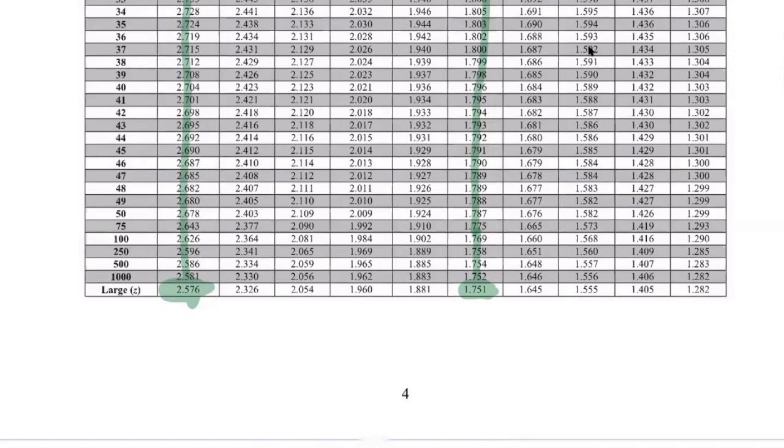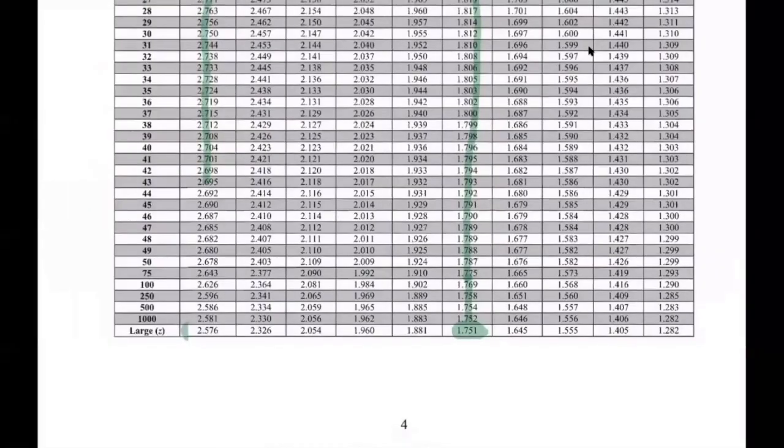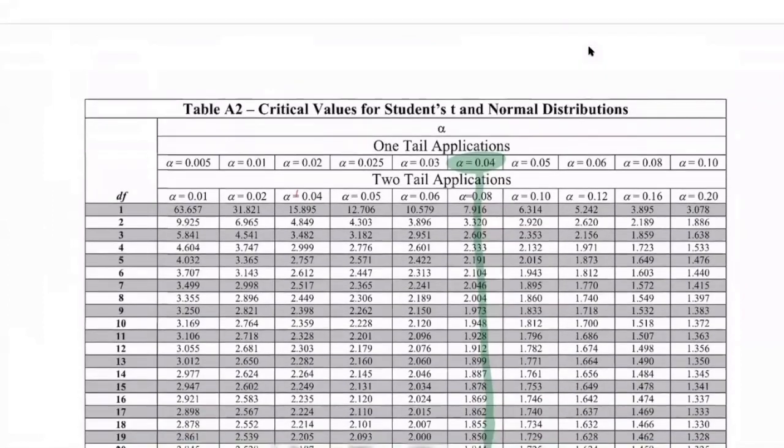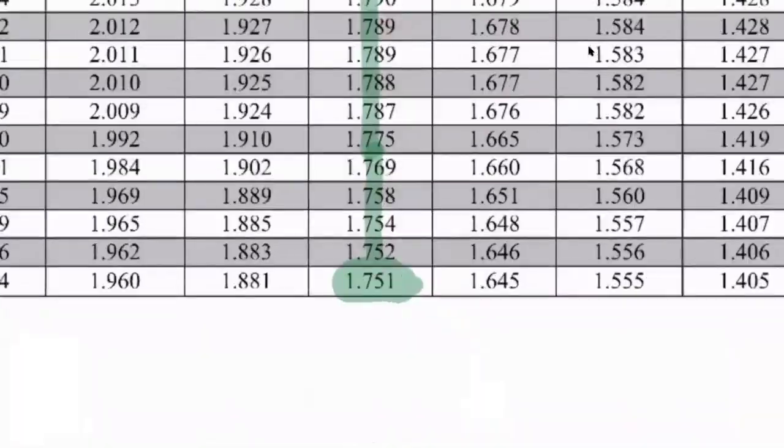You should see a 1.751 there. And again, that was a 4% alpha and one tail.